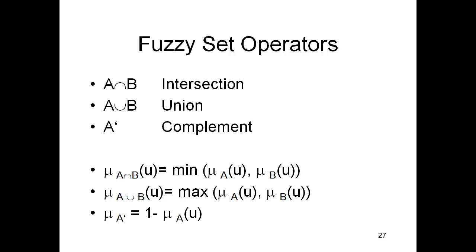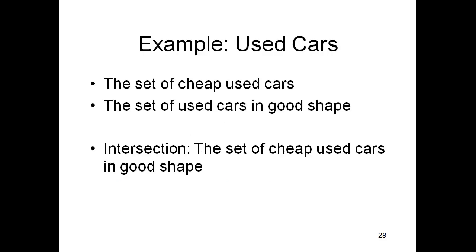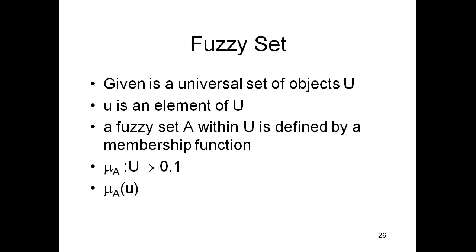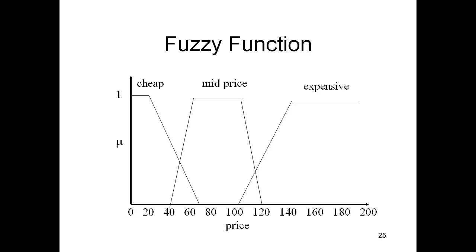Maybe formally nice, but not completely practical. Okay. How could we define the intersection for the fuzzy set cheap and the fuzzy set mid-price? Something we wouldn't ask typically in a conversation.